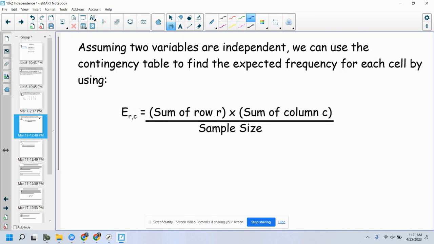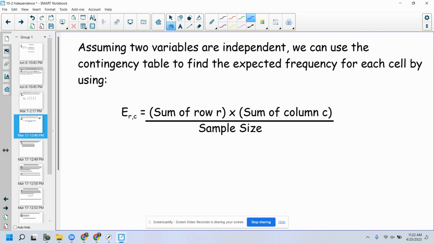Assuming two variables are independent, we can use the contingency table to find the expected frequency for each cell. If they were truly independent, these would be the expected frequencies for each cell. Now, how do we calculate that? This is the calculation for expected frequency. The same E is the same thing as yesterday.